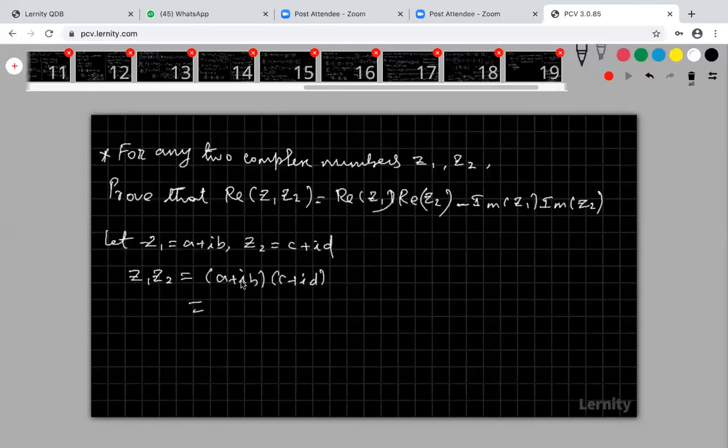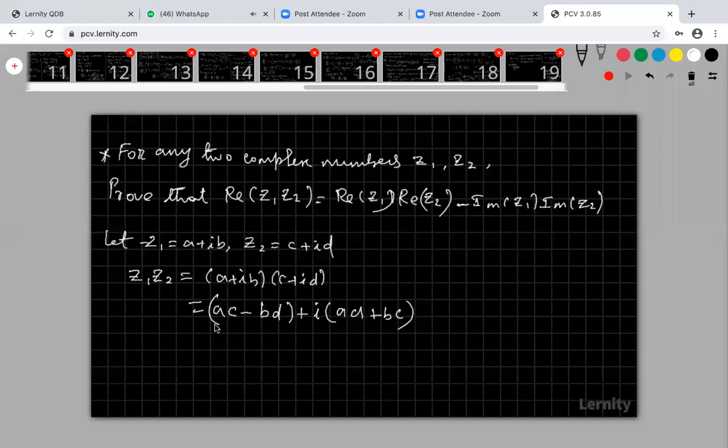The multiplication of two complex numbers we have already discussed; you can refer to your notes on how to multiply two complex numbers. It is AC minus BD plus i into AD plus BC. This is the multiplication of the two complex numbers A plus iB and C plus iD.